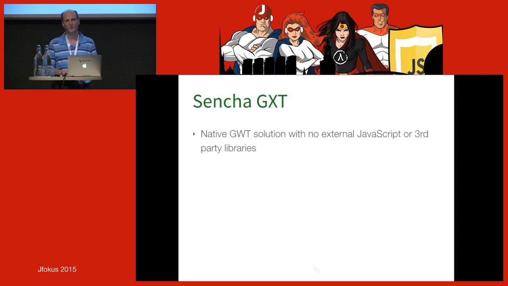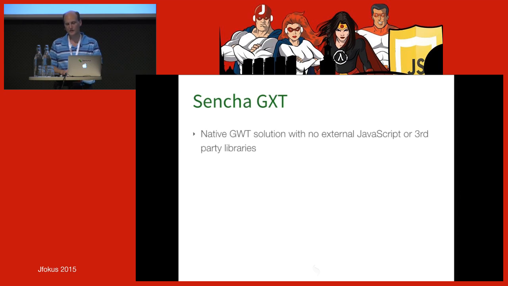Now Sencha has another product, Ext JS, which is a JavaScript widget library. And a lot of people think that our GWT product just wraps that. And indeed, like 5 years ago, that was what we did. But starting with version 2, I believe, about 4 years ago, the company rewrote it completely.